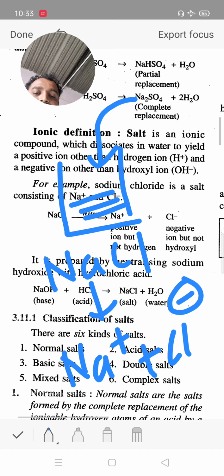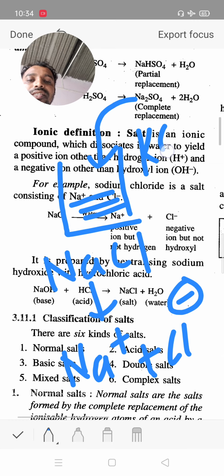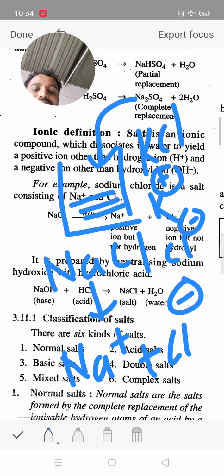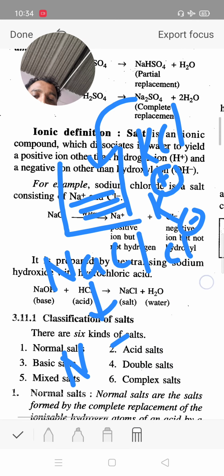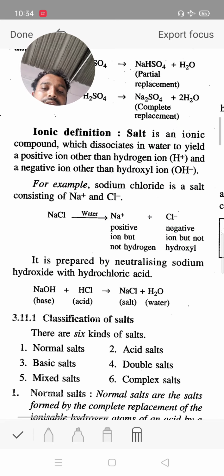Na has a positive charge and Cl has a negative charge. Also, KCl dissolves in water and produces K plus ion and Cl minus ion. Same way, when salt dissolves in water it produces ions. Then it is a good conductor of heat and electricity.